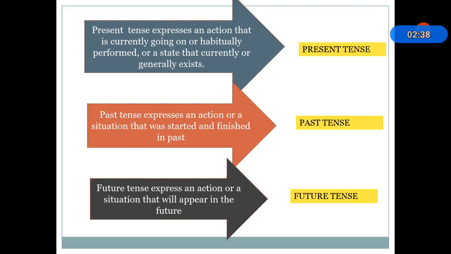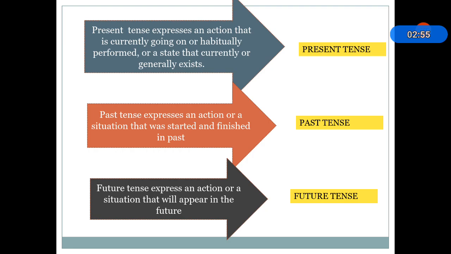Then further, as you all know, there are three main kinds of tenses, which are present tense, past tense, and future tense. Now, what is present tense?